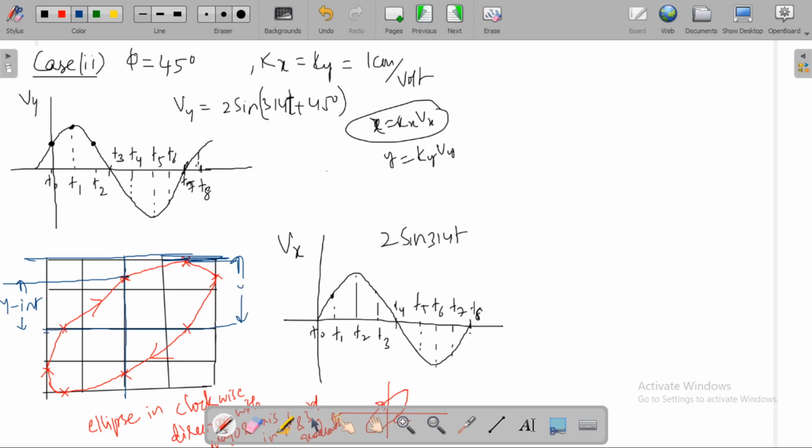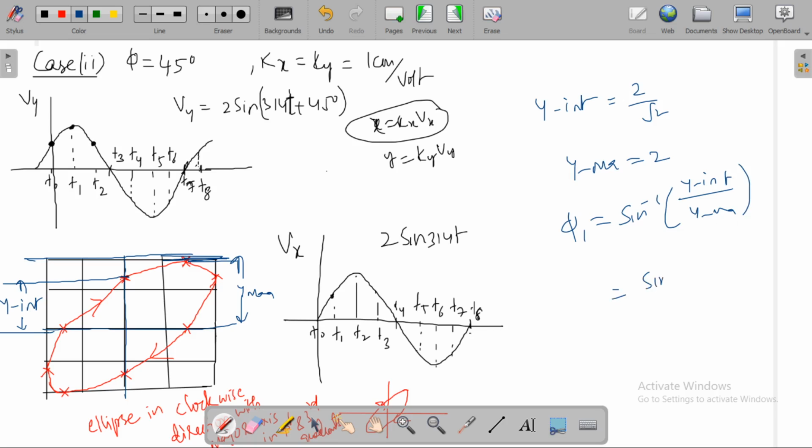From here to here is the maximum value y max, right? So this is the y intercept. What is the y intercept? Y intercept is equal to 2 by root 2. What is y max? Y max is equal to 2. Phi 1 is equal to sine inverse of y intercept by y max. Then you're going to get sine inverse of 2 by root 2 by 2. Then you're going to get sine inverse of 1 by root 2, that is nothing but 45 degrees.